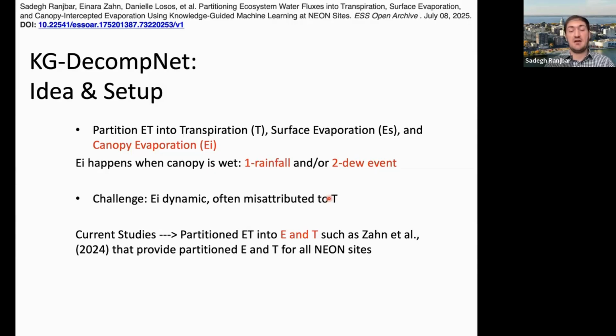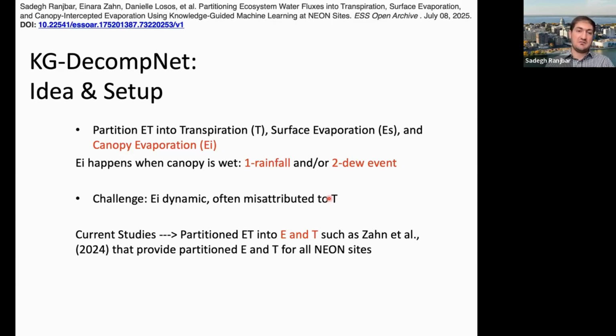They partitioned total evapotranspiration into evaporation and transpiration, and they didn't estimate the in-canopy evaporation or canopy-intercepted evaporation, the water that is under the canopy and evaporates from there.